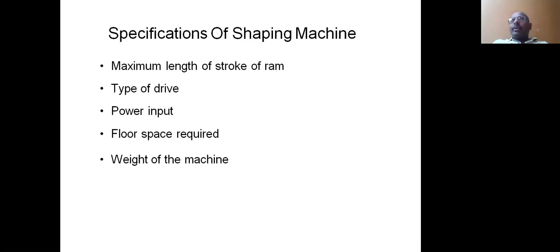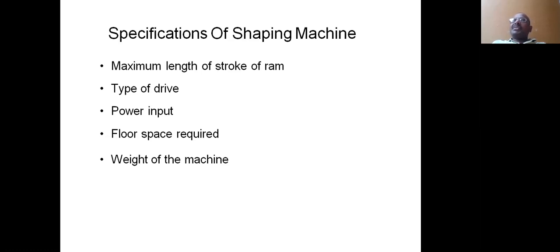Next, the total weight of the machine. This specification is very important during loading and unloading of the shaping machine. If the weight of the machine is not specified, it is not possible to know the power required or the device required. If it is a small weight, simply by using a tripod, the machine can be lifted and loaded onto any traveling or moving vehicle.